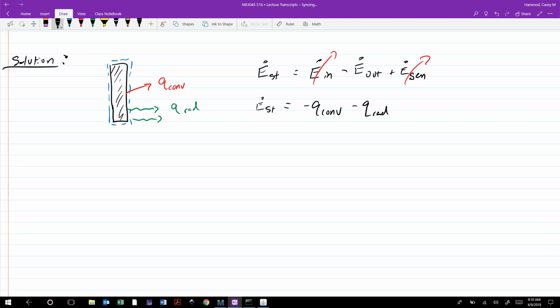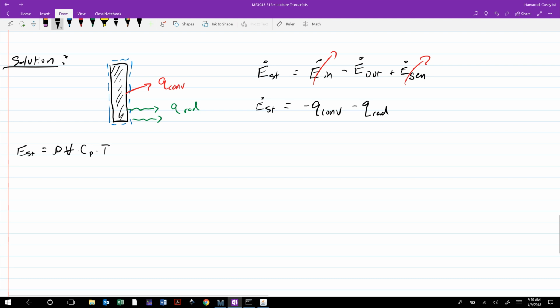So, as in lumped capacitance analysis, what we're going to go ahead and do is say that E stored is equal to rho V Cp times T: the density times the volume, so the mass, times the heat capacity times the absolute temperature of the aluminum plate.